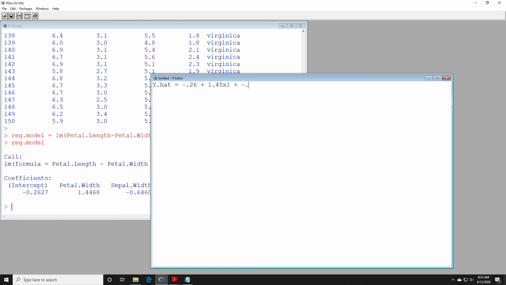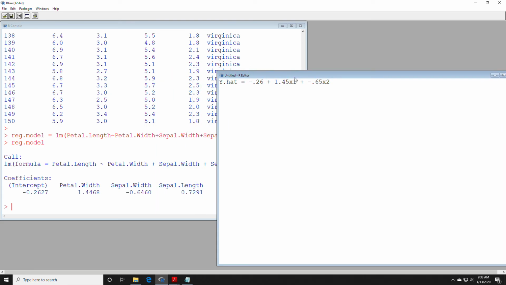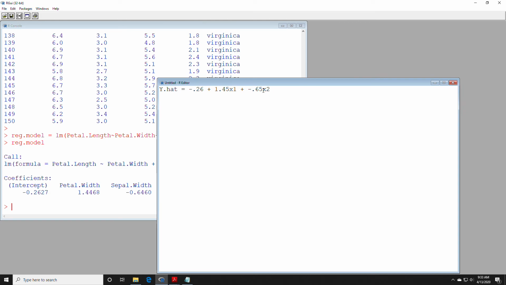Plus negative 0.65 x2 times x2 and 0.73 times x3. Okay.